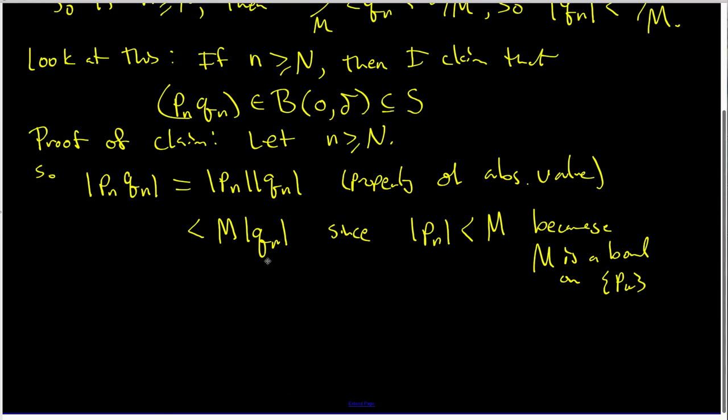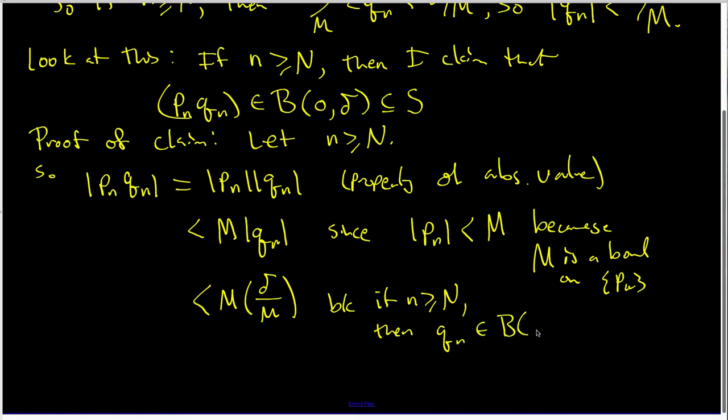But now little n is bigger than capital N, and that means Qn is inside the delta ball centered at 0 of radius delta over M. In other words, I can now say capital M times this absolute value is going to be less than capital M times delta over capital M. And I know this because if little n is bigger than capital N, then Qn belongs to the delta ball centered at 0 of radius delta divided by M. So the absolute value of Qn is less than delta over M. That was the stuff that we just went through.